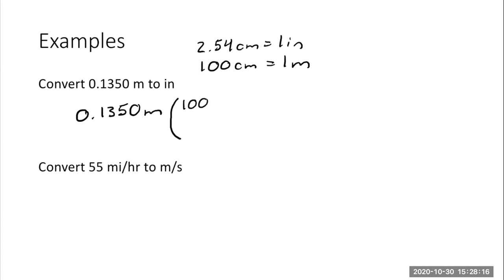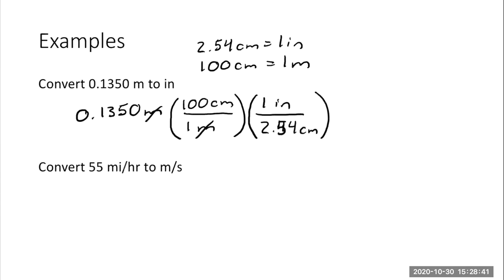So we'll put our common unit on top and our starting unit on the bottom. This way our meters will cancel out. Then we're going to put our desired unit of inches on the top and our common unit on the bottom. Doing it this way, the centimeters will cancel out as well, leaving us with just a desired unit of inches, giving us an answer of 5.315.